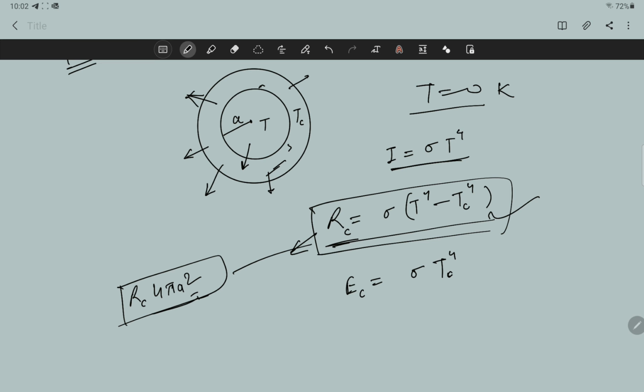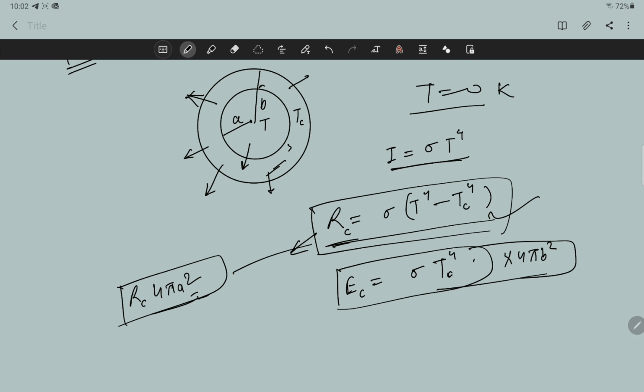Now if we multiply Ec by 4 pi b square, where b is the outer radius of the cloud, this is the amount of energy emitted by the cloud.